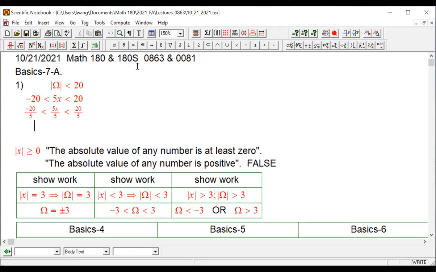After we divide by 5, we get -4 less than x less than +4. And then you're finished. You're done. Do you have to show this step? This step actually is optional. So just two steps and you're finished.